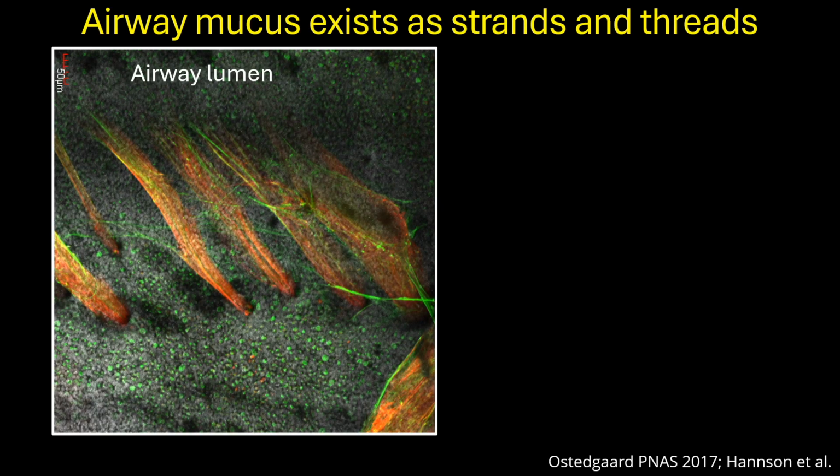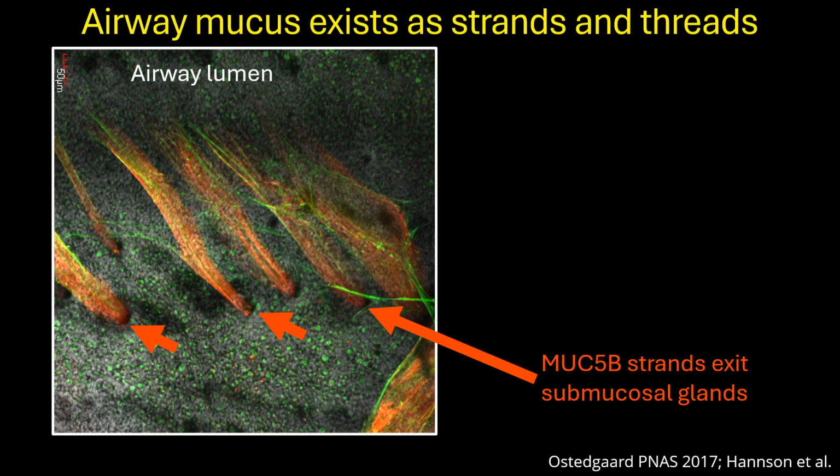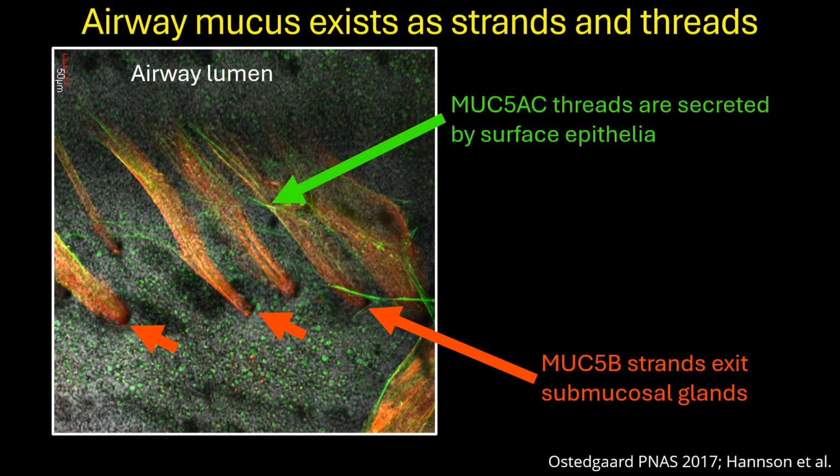Airway mucus does not exist as a blanket, but rather exists in strands and threads that comprise a complex 3D structure I hope you can appreciate from the image on the screen. MUC5B-rich strands are secreted from submucosal glands, and MUC5AC-rich threads are secreted by the surface airway epithelia.